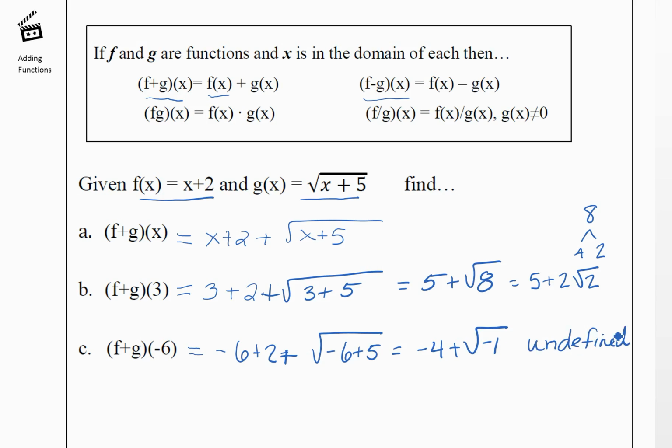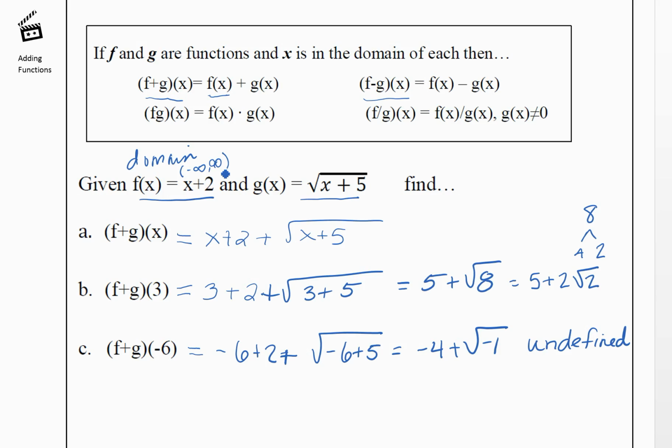And we actually could have known that this was undefined before if we look at the domains of f of x and g of x. So f of x is a polynomial, x plus 2. The domain of f of x would be all real numbers, or negative infinity to infinity. But look at g of x. G of x is a root function, a radical function.